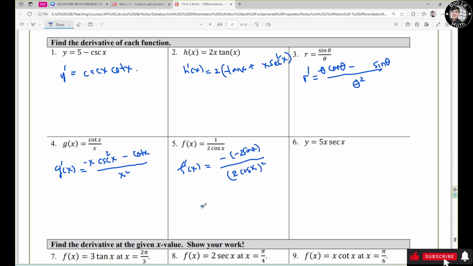Now I'm going to simplify this one. Negative negative becomes positive. I have 2 right here and the bottom 2 squared equals 4, so I cancel out, and it's going to be sine x on the top. The bottom should be 2 cosine squared x, right?